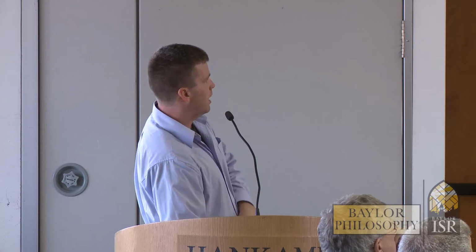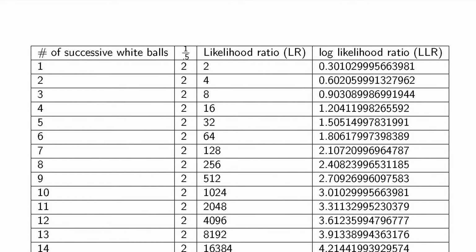Here's a table that looks at a comparison between the likelihood ratios and the log likelihood ratios. We have Royall's case, where if you get one white ball, that's going to have a likelihood ratio of 2.